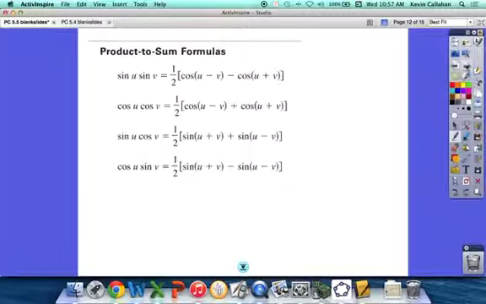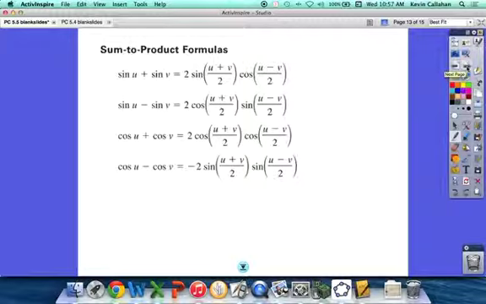And those are the sum to product formulas, right? Same thing. These are sums or differences, and these are products. And you should be able to verify those. So notice that these have u plus v over 2.